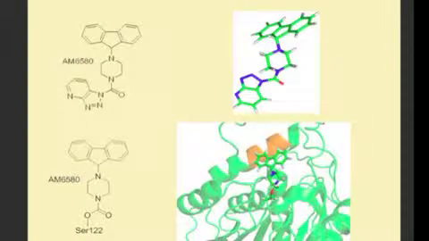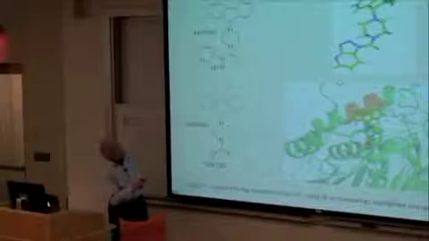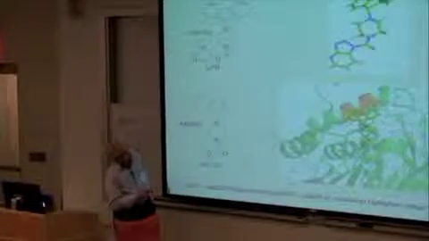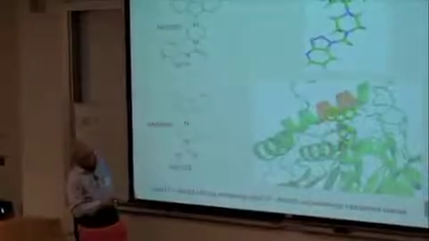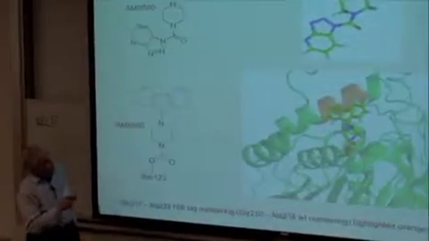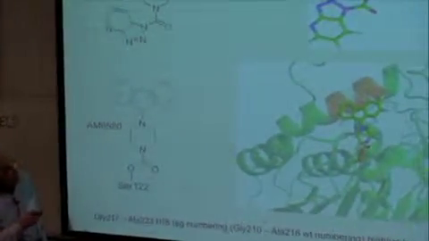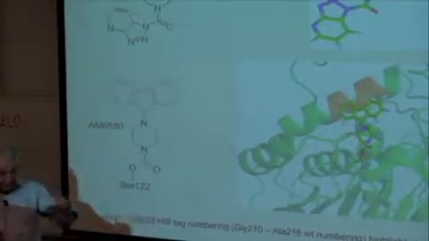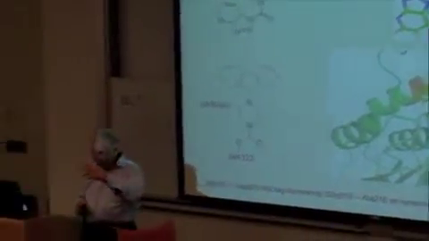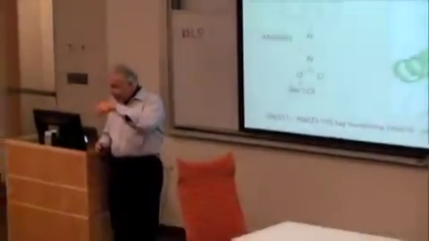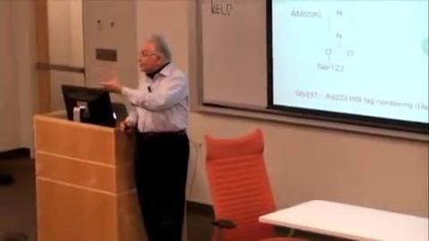So this is the NMR. And then we designed these two molecules here. Actually, this molecule here, AM6580. There it is, and it fits right in here. So how did we design this? Well, in the same way we've gotten the information on the protein itself, now we get the information on the small molecule.